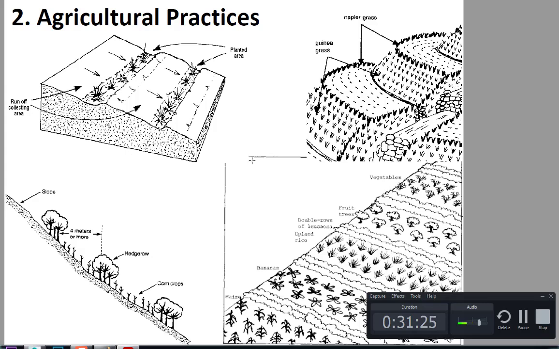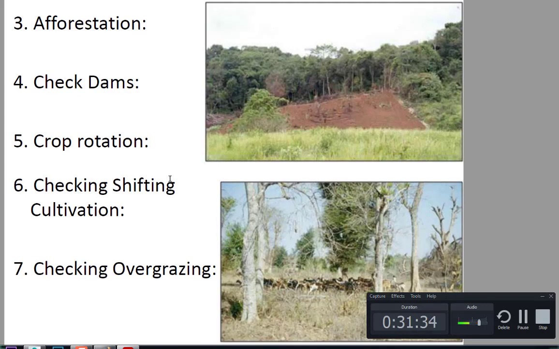So these are the different practices and methods which are responsible to reduce the soil erosion. Now, in addition there are some practices, some other issues which are responsible for the soil conservation. First one is the afforestation.